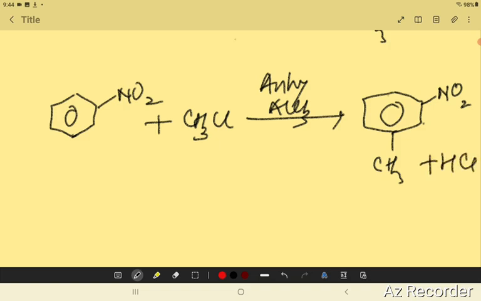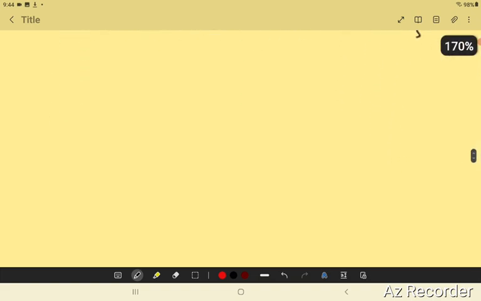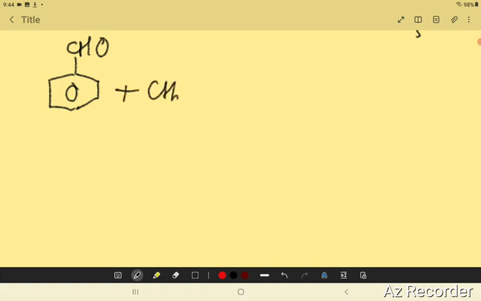But my dear students, now moving towards the Friedel-Crafts acetylation or acylation reaction, in which we can use acyl chloride or acid anhydride, both. Suppose you are taking benzaldehyde, benzene ring with CHO, which is also a meta-directing group, and you are treating it with acetyl chloride CH3COCl in the presence of anhydrous AlCl3.